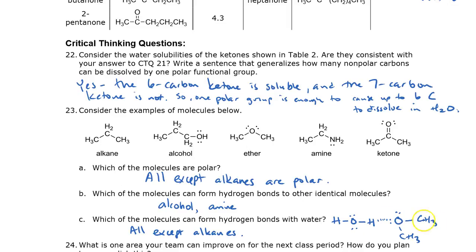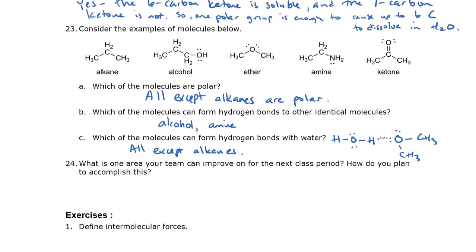So it is possible to have hydrogen bonding between different molecules. Ethers cannot hydrogen bond to themselves because they don't have a hydrogen attached to the oxygen, but they can hydrogen bond with something else that does have that. All right, so that is hydrogen bonding.